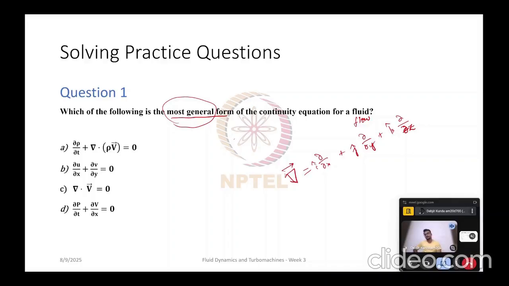So the first option is dou rho dou t plus divergence of rho v vector equals 0. Option B, dou u dou x plus dou v dou y is equal to 0. Option C, the divergence of vector v equal to 0. Or is it option D, dou p dou t plus dou v dou x is equal to 0?